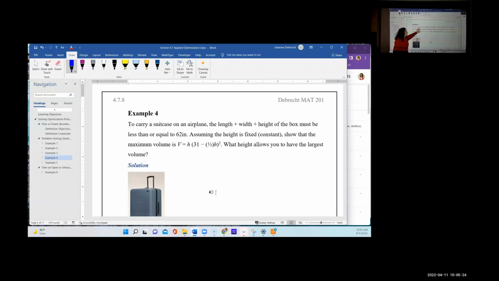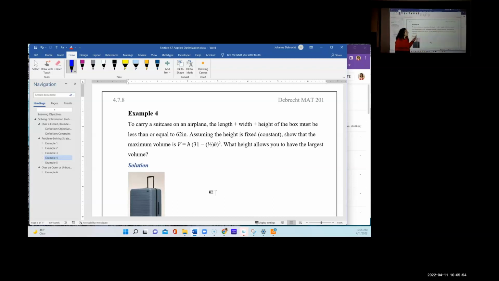To carry a suitcase on an airplane, the length plus width plus height of the box must be less than or equal to 62 inches. Assuming the height is fixed, this is new, or constant, show that the maximum volume is given by the same expression as before. So we want to write the volume in terms of the height. Then, what is this fixed height that allows you to have the largest volume?